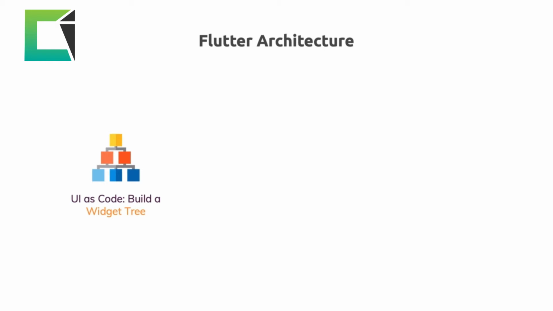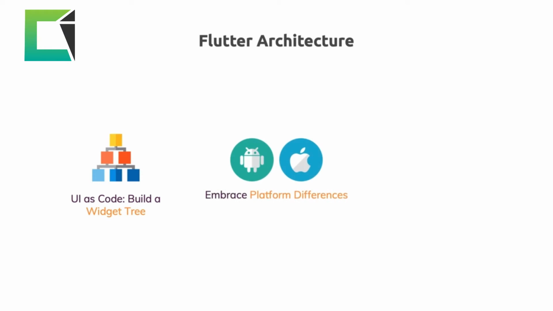Now, besides this core idea of how you build your apps in Flutter, this UI as code approach, it's also important to understand that Flutter apps do actually embrace platform differences whilst being based on one code base. So we work in one project, but we will still have the ability to create different user interfaces at some points or in some parts of our app if we need it for the different platforms.